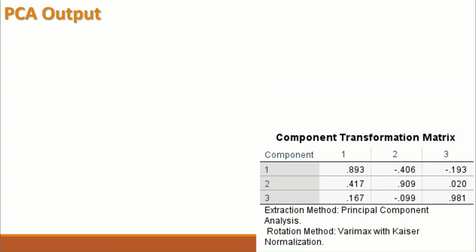Another output that can be generated post PCA is the component transformation matrix. The component transformation matrix will look at the correlation between component number 1 with 1, 1 with 2, and 1 with 3.